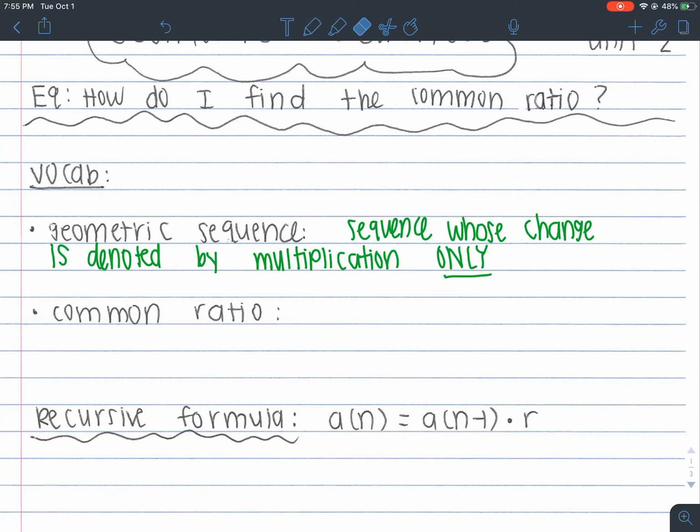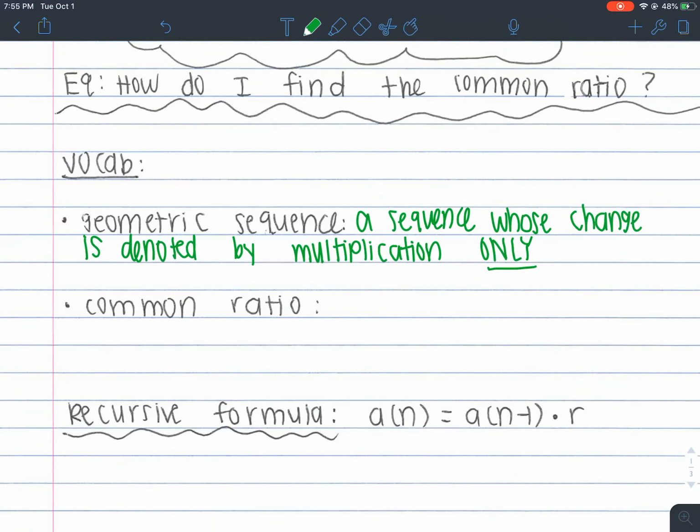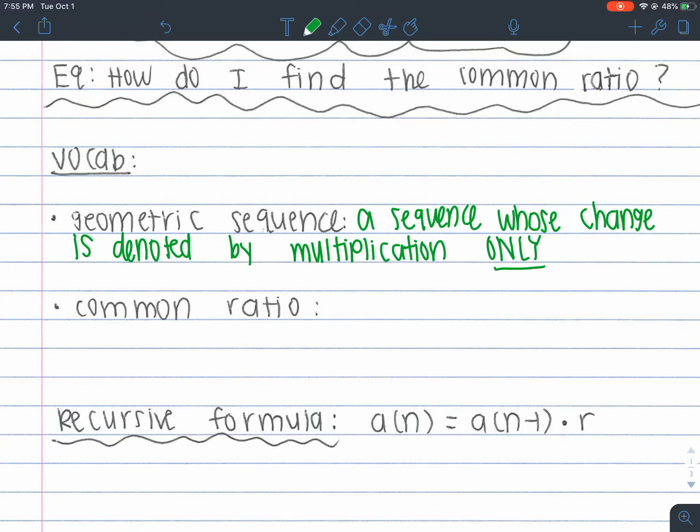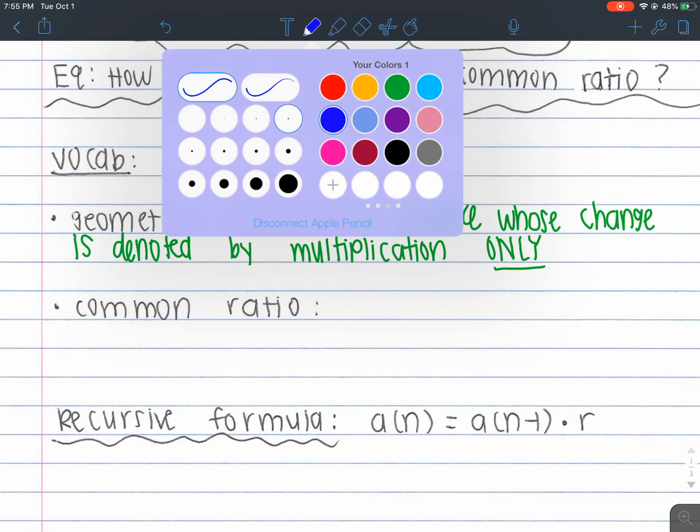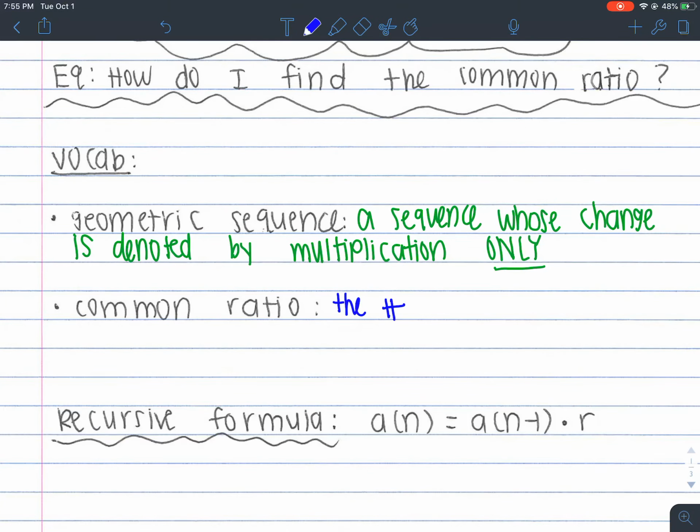So just using multiplication, that is the only way that I can figure out if it's geometric or not. There's no such thing as dividing, okay? Then the common ratio is the number being multiplied from term to term. Okay, so as I'm getting from term to term, I'm multiplying something.